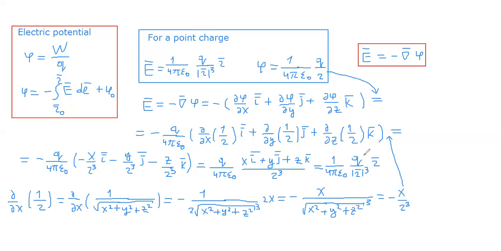So as you can remember, we have obtained the same relation, the same formula as here. So we can get electric potential from electric field intensity, or the opposite, we can get electric field intensity from electric potential. So both electric field intensity and electric potential give us the whole information about the electrostatic field.